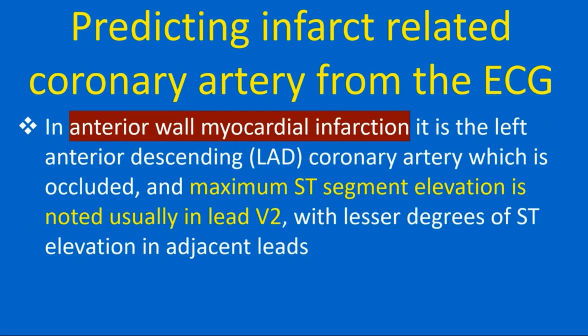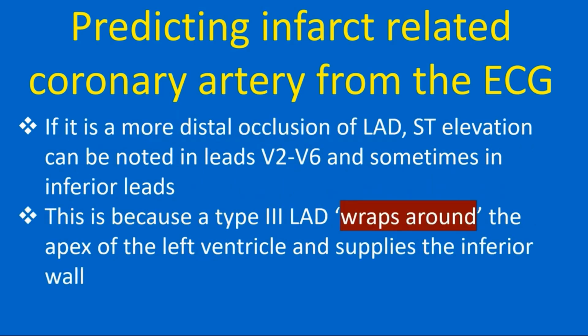In anterior wall myocardial infarction, it is the left anterior descending coronary artery which is occluded, and maximum ST segment elevation is noted usually in lead V2, with lesser degrees of ST elevation in adjacent leads. If it is a more distal occlusion of the LAD, ST elevation can be noted in leads V2 to V6 and sometimes in inferior leads.